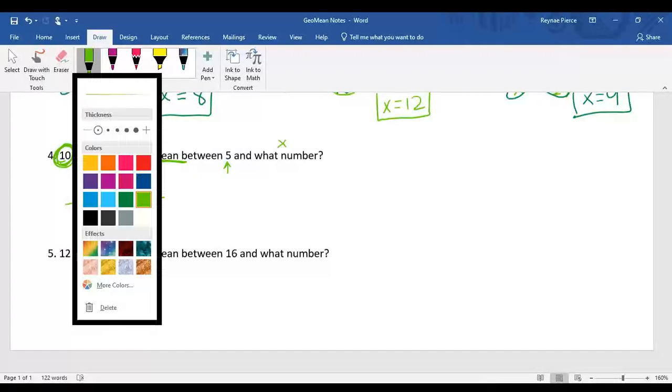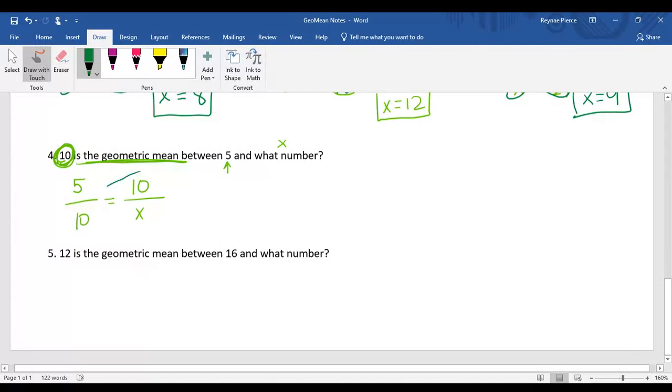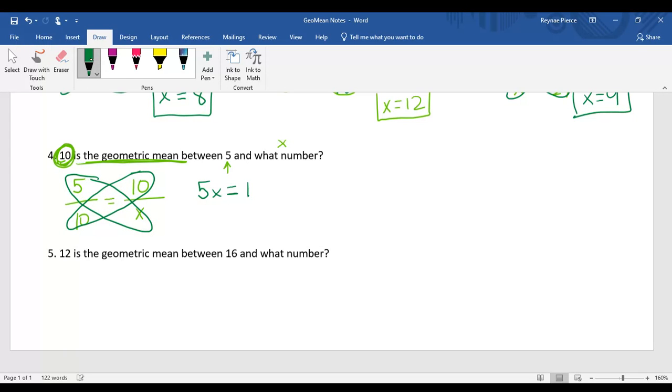We cross multiply. 5 times x is 5x, 10 times 10 is 100, and then this is pretty similar to what we did with similar triangles. So our x value is 20, which means 10 is the geometric mean between 5 and 20.